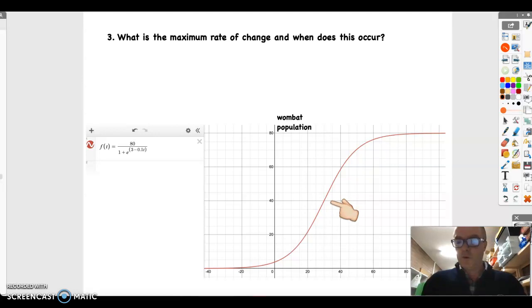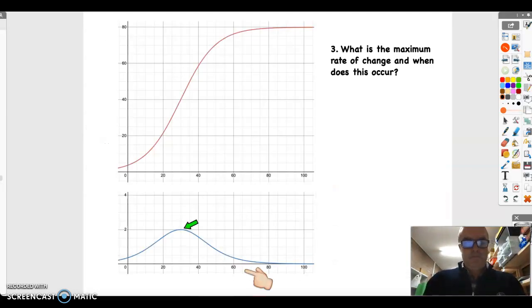For those students who are aware of the second derivative would help you find this position, this point in time, but we're going to use the first derivative only, but also the help of the calculator and its graphing ability. This is what the graph of the derivative looks like, and I've purposely put it directly below the graph of the function.